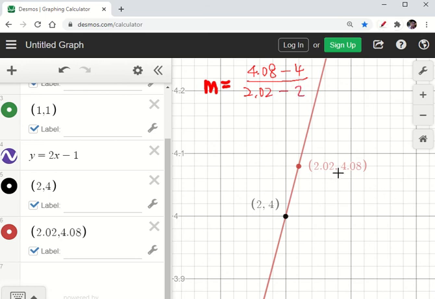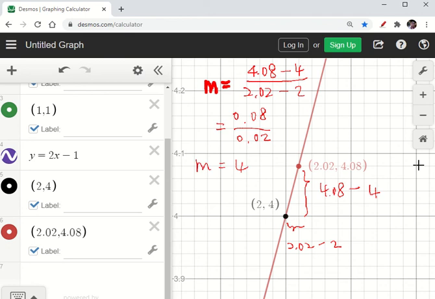So we have the difference of y, which is 4.08 minus 4, and the difference of x, which is 2.02 minus 2. Solving this, we have 0.08 divided by 0.02. So we will get the slope is approximately 4.